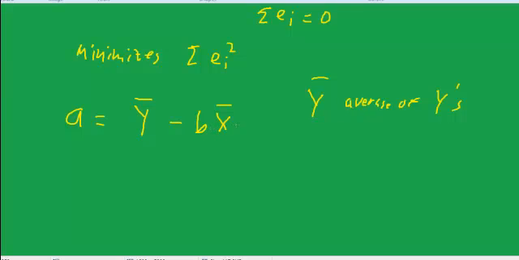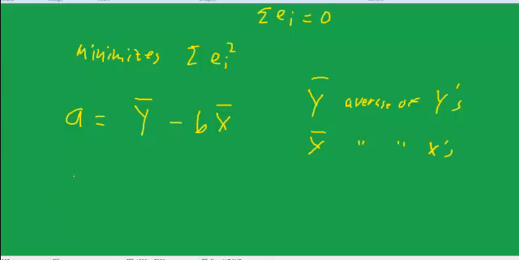And then minus b x bar, and x bar is the average of the x's. So that would be the average of everybody's cigarette smoking in terms of cigarettes per day. And so whatever the slope we get, the intercept will be the average of the y's minus b x bar. Okay, so that's pretty easy.